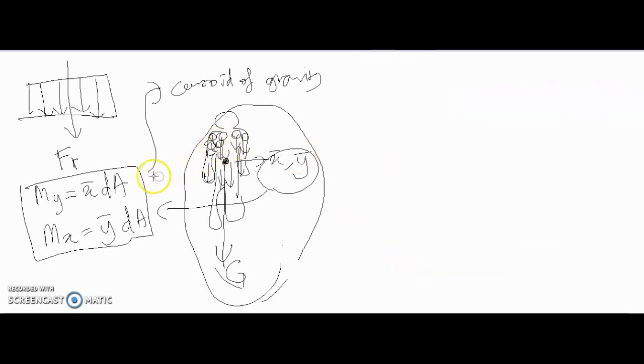Okay, so let's go back to this one. Just now I said that we can use the concept of first moment of area to define the location of the center of gravity. So to use this for center of gravity, the summation of moment about the y-axis and x-axis is defined as x bar dA.